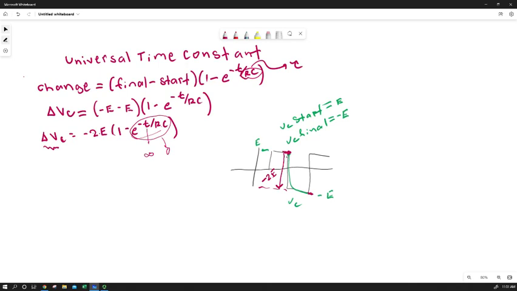Either way, we can identify that the value corresponding to t equals RC is going to be somewhere around negative 0.26 whatever times our amplitude, and then we just have to find the time that corresponds to that and measure it on our circuit.